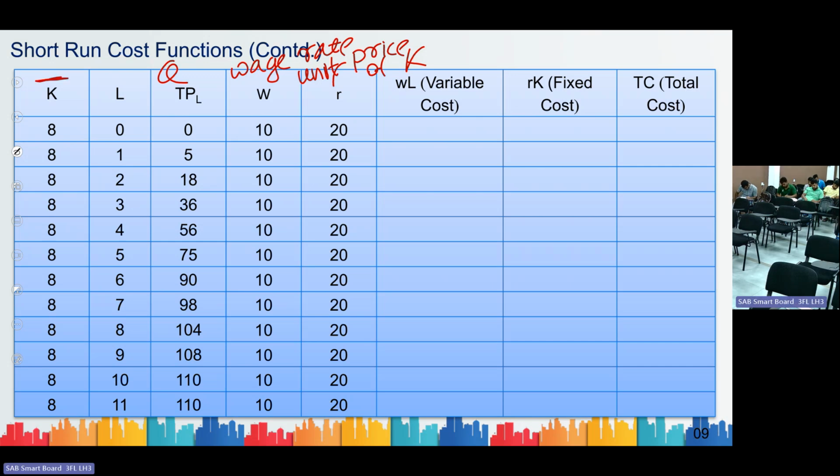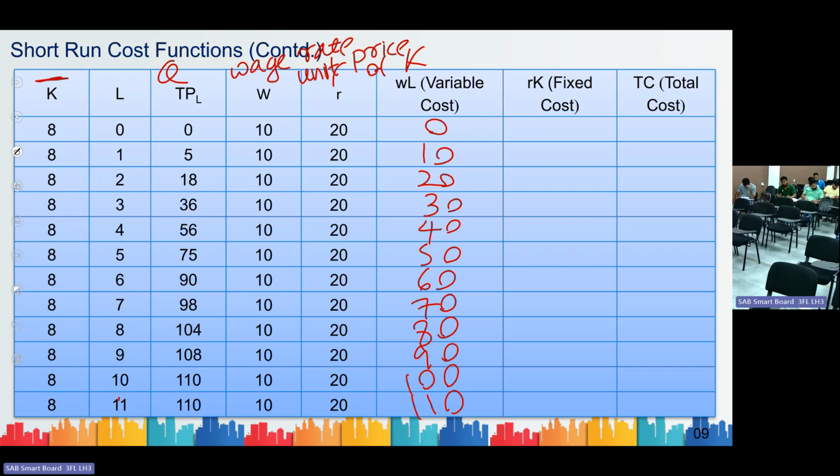So variable cost is wage rate multiplied by labor units, multiply L by W. 0 into 10, 0, 1 into 10, 10, 2 into 10, 20, 3 into 10, 30, 4 into 10, 40, 5 into 10, 50, likewise 60, 70, 80, 90, 100, 110. These are the variable costs.